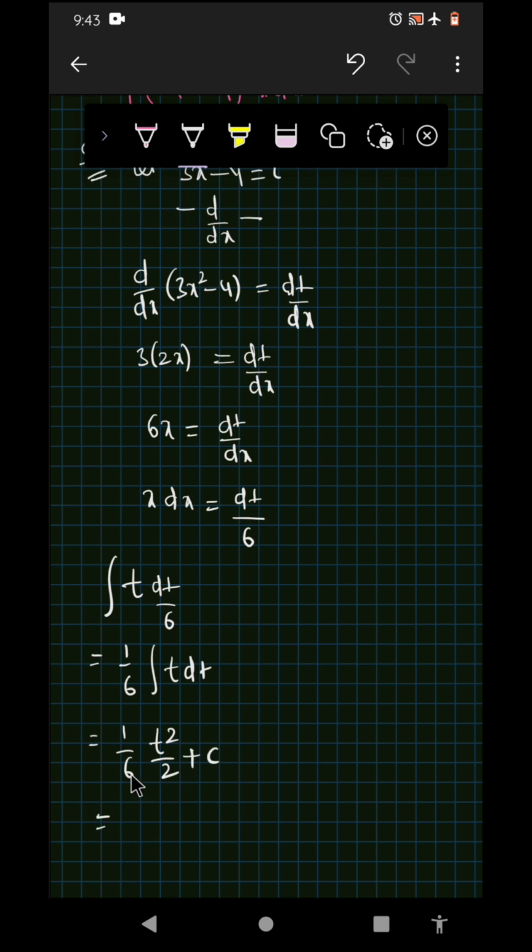So now 1 by 6 into 1 by 2 becomes 1 by 12 t square. Taking t as 3x square minus 4, we get 1 by 12 into 3x square minus 4 whole square plus c is the answer for the given problem.